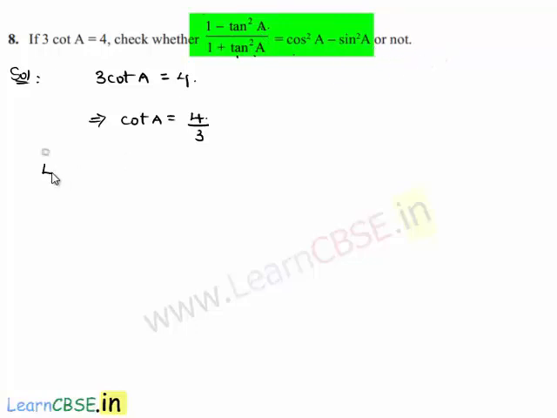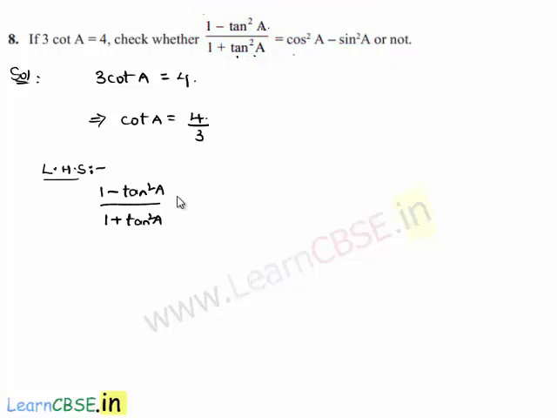Now let us consider the left hand side of the equation, that is (1 minus tan square A) by (1 plus tan square A), which will be equal to (1 minus tan A) whole square by (1 plus tan A) whole square.